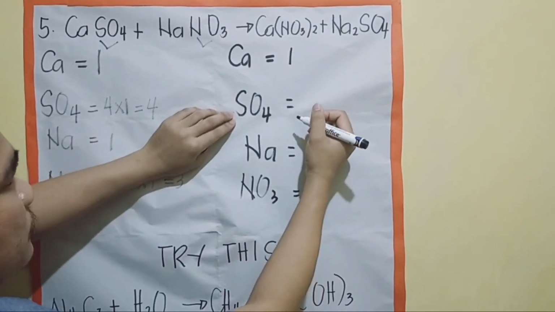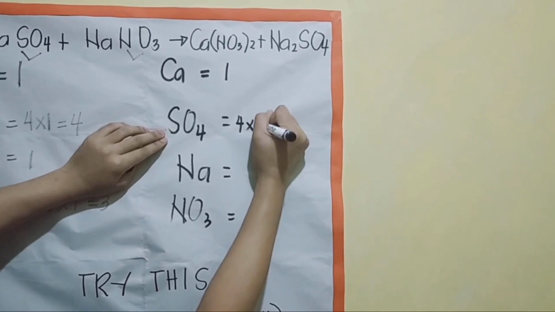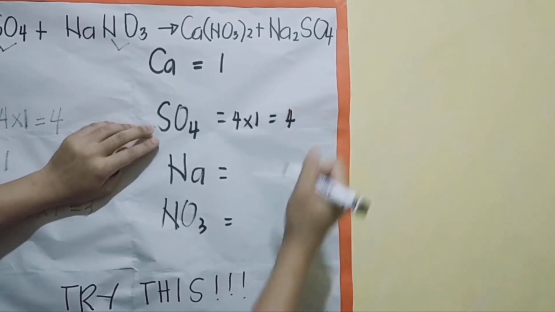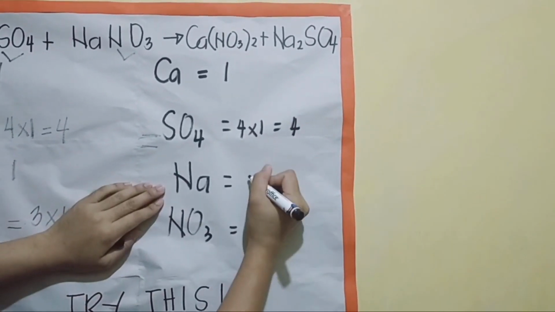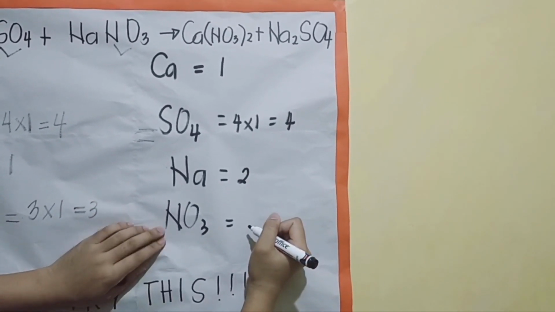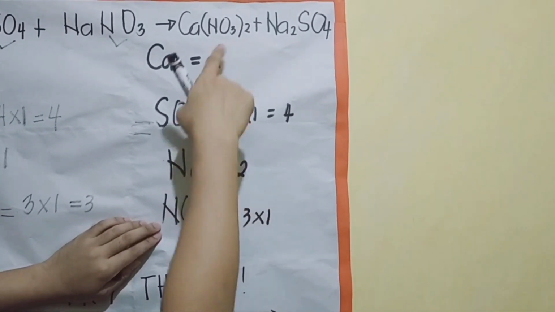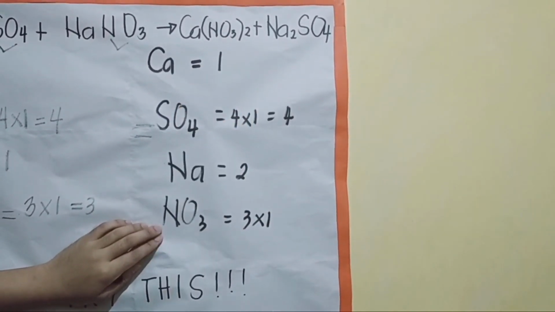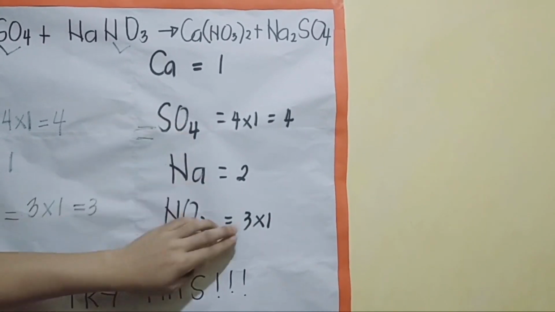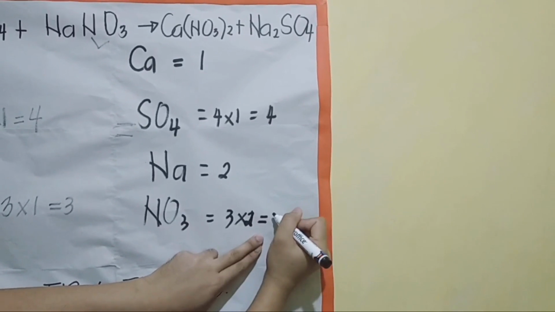And then sulfate, we have 4 times 1 is equal to 4. And then sodium we have 2. And then nitrate, we have 3 times 1. No, 3 times 2 is equal to 6.